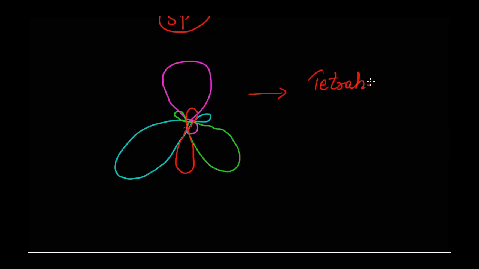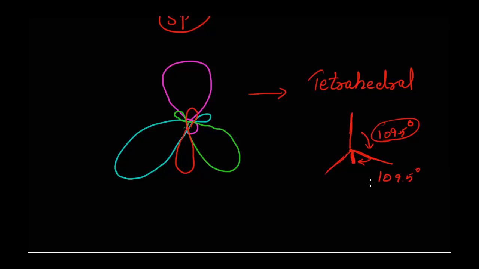So this will actually attain a tetrahedral structure, where you can imagine there is something at the center, and these two are in plane. One is coming out here and the other one is going in. All the angles in this particular geometry are the same, approximately 109.5 degrees.